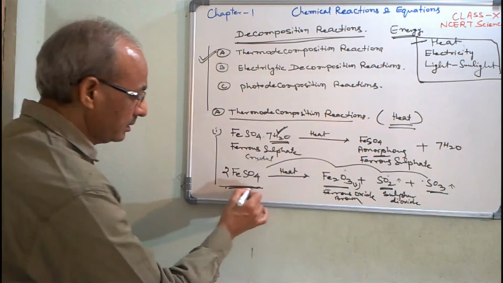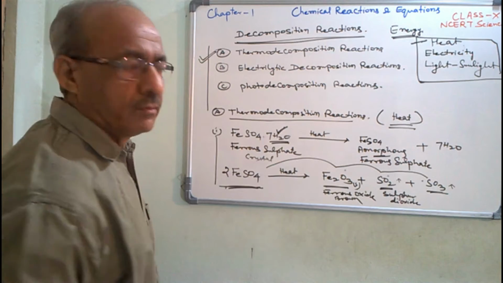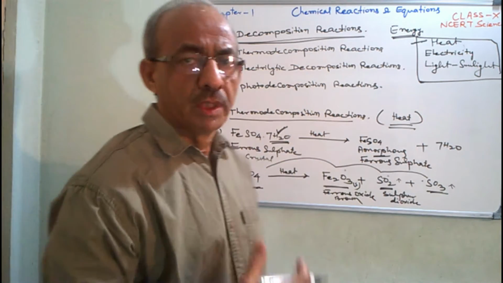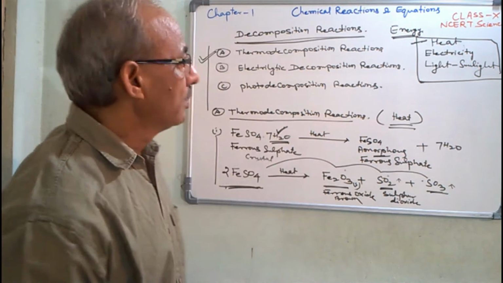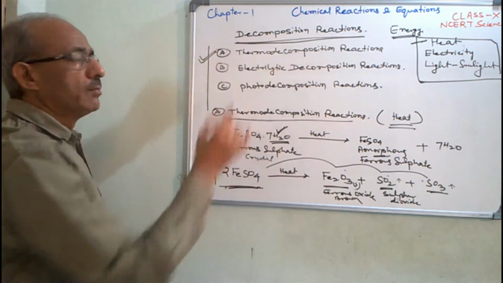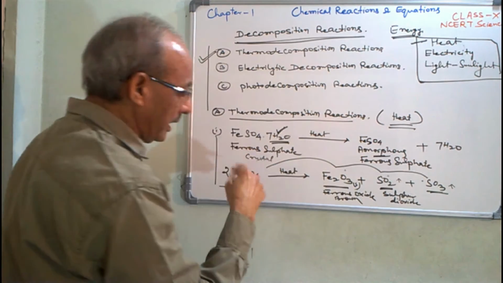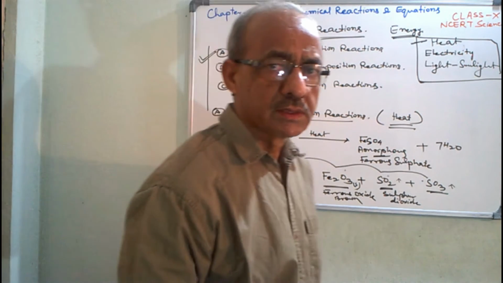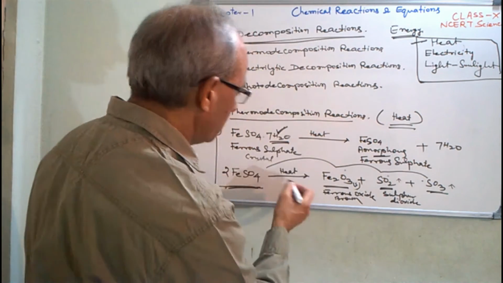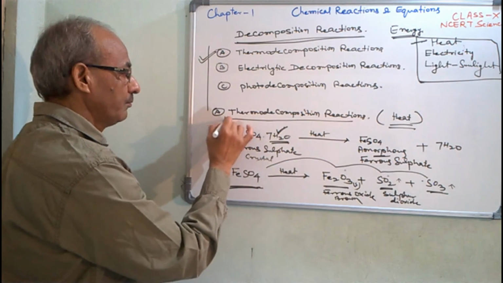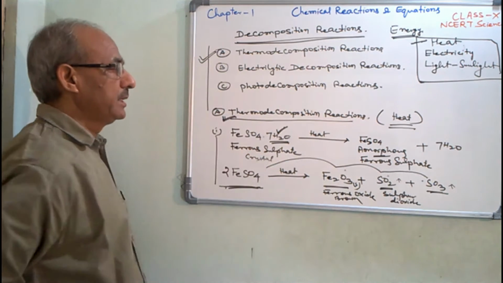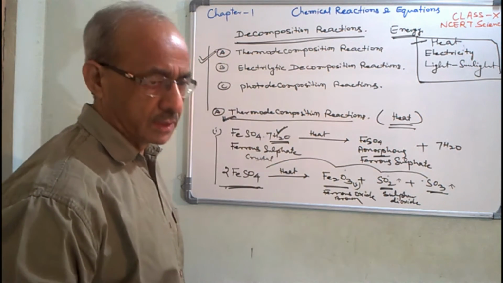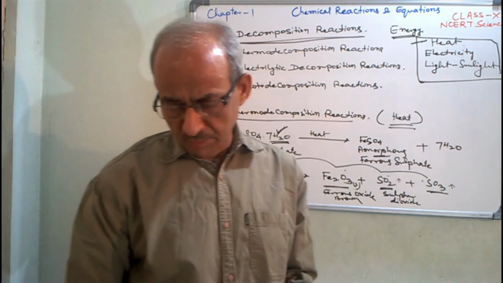And here this ferrous sulfate is split into 3 products, so it is a type of decomposition reaction. And as this chemical reaction takes place when heat is provided, specifically it is a type of thermal decomposition reaction. By certain other examples, we will understand.